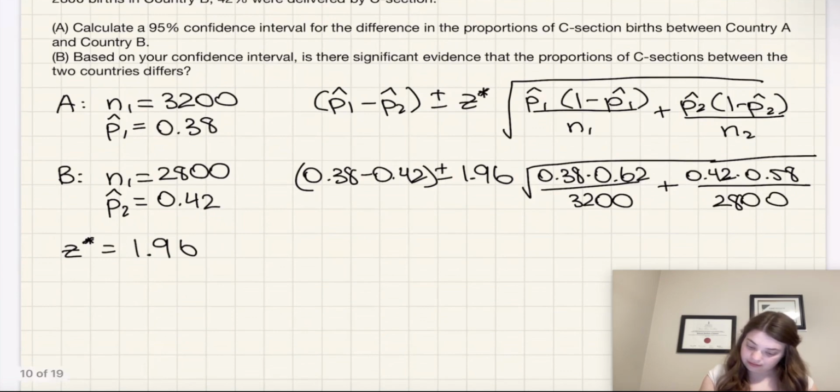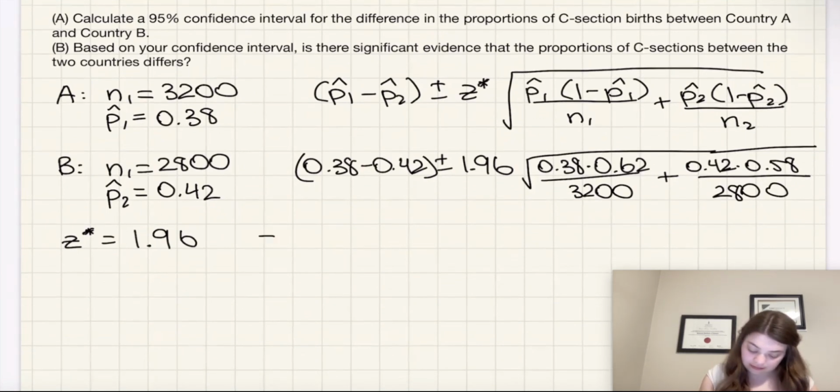All right. And then let's simplify that even further. So here we're going to get negative 0.04 plus or minus this entire part.